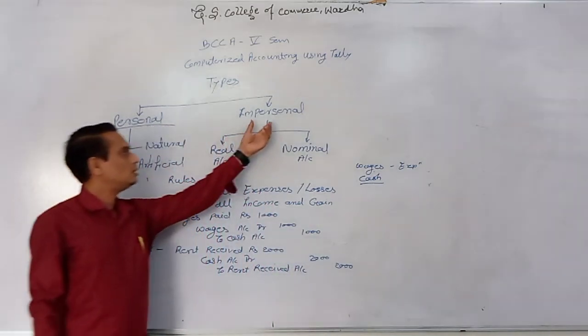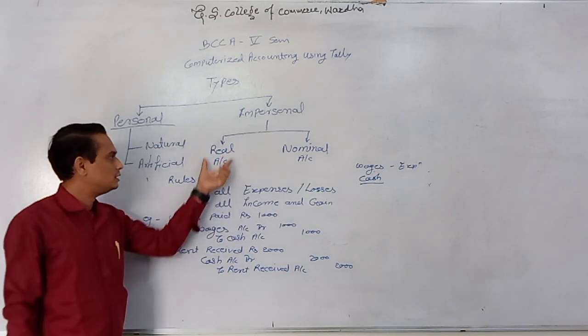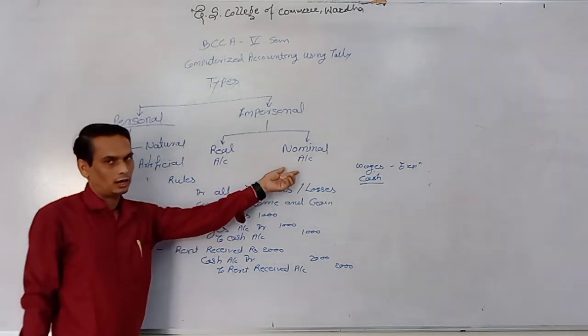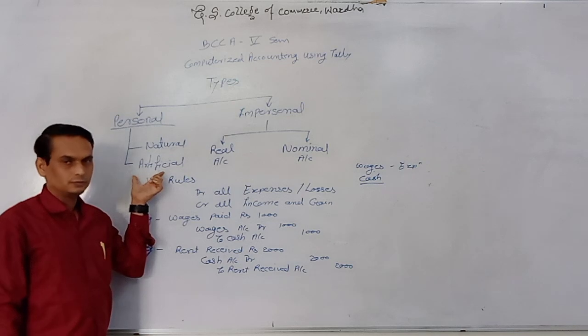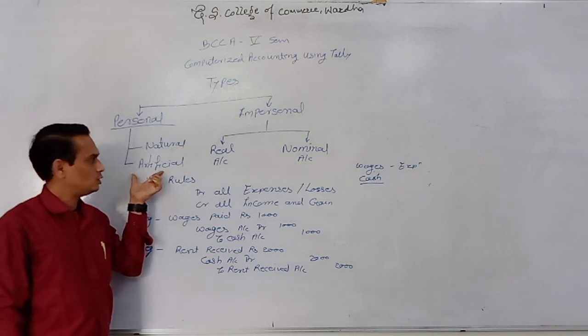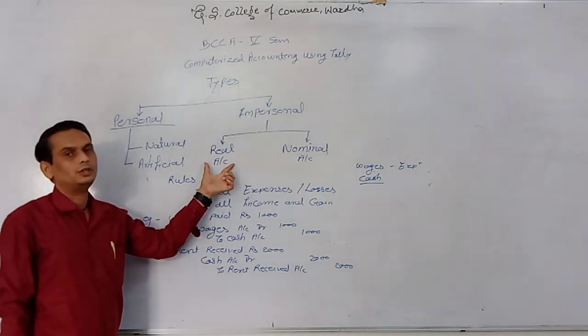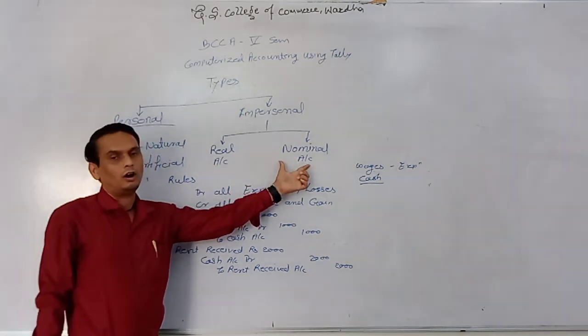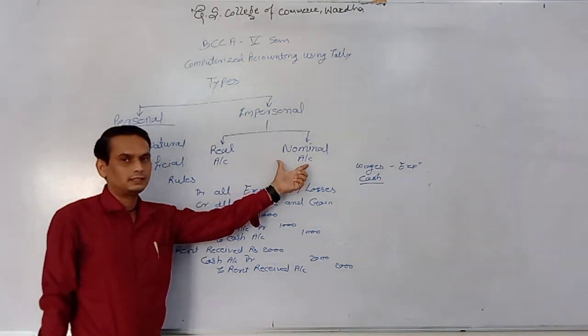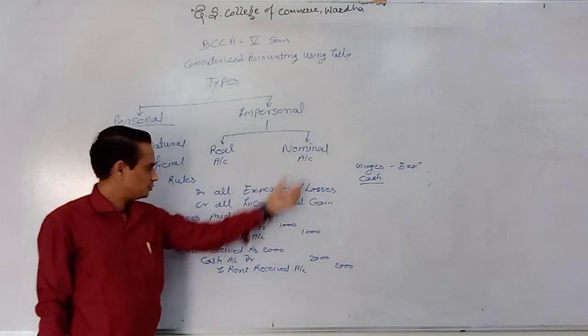In impersonal we have two types of account, real account and nominal account. Personal account is related with persons, firms, institutions. Real account is related with assets, and nominal account is always related with expenses and incomes.